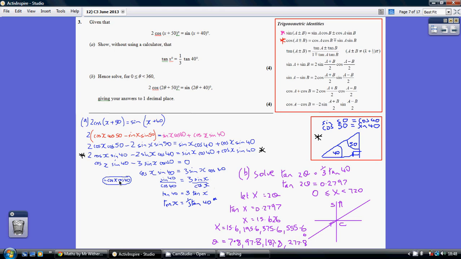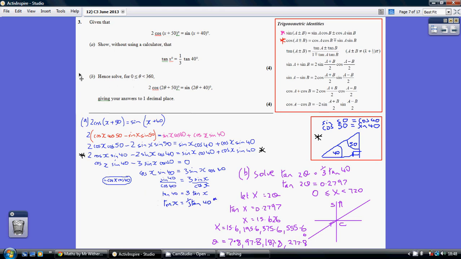Make sure you're happy that when you have this over this and this over this, you get this. Sin over cos is of course tan, so this is tan 40 equals 3 lots of tan x. Divide by 3, we get a third of tan 40 equaling tan x, as required.